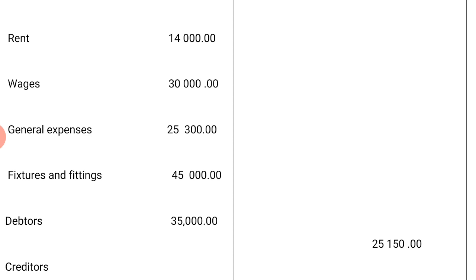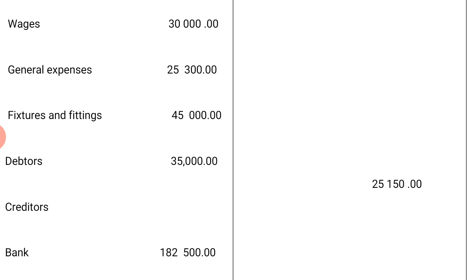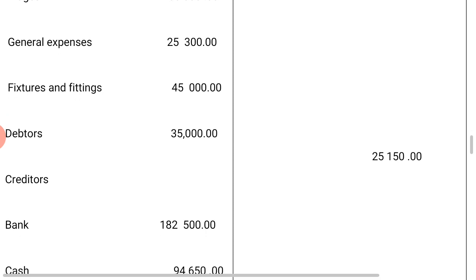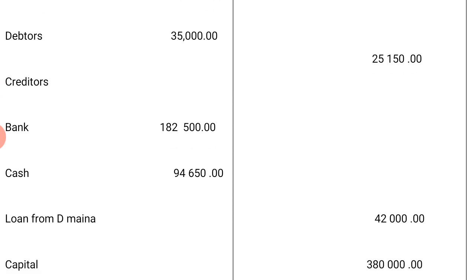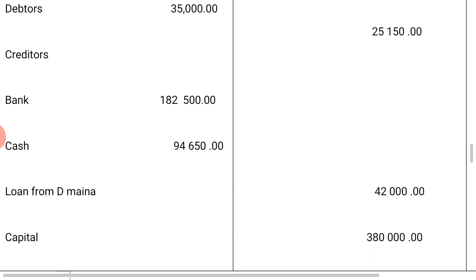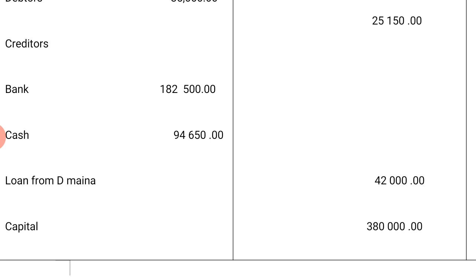Wages 30,000. General expenses 25,300. Fixtures and fittings 45,000 naira. Debtors 35,000 naira. Creditor 25,150.